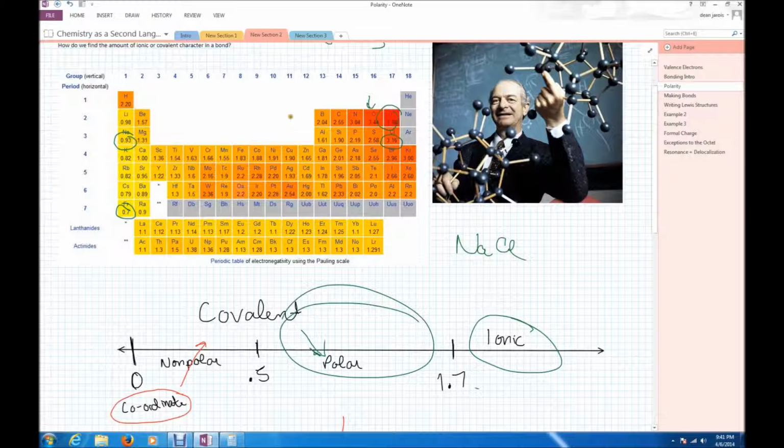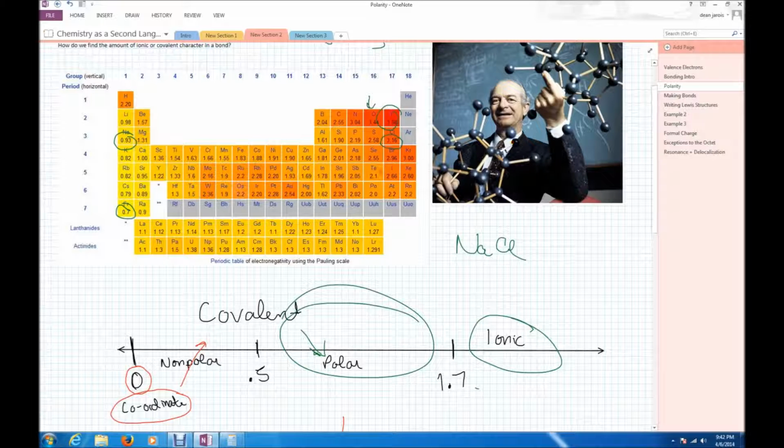Now, you see some chemicals on this periodic table that have similar values, but in order for you to have a coordinate covalent compound, the ionic character must be absolutely zero.